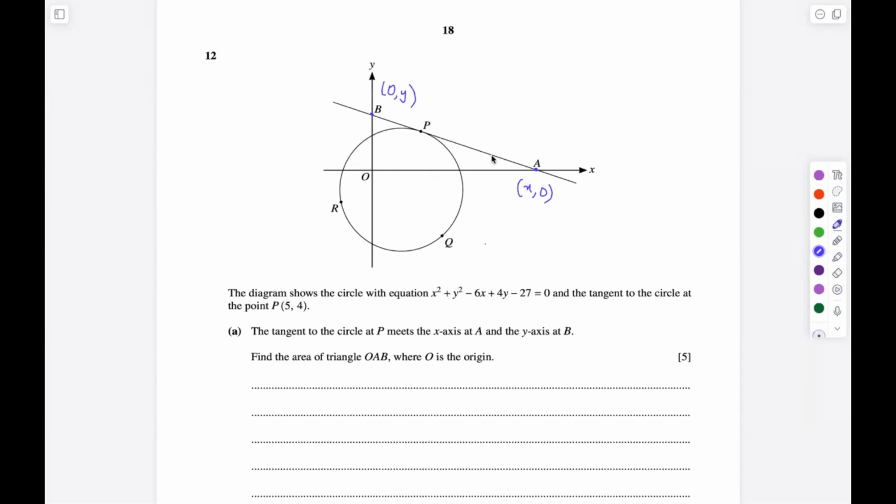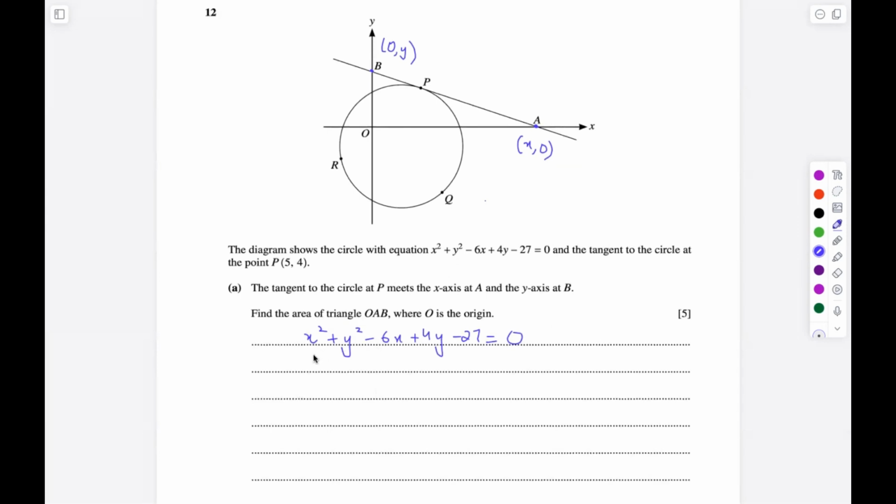For these coordinates, we need to form an equation for the tangent. Now we know the center from the equation, which is x squared plus y squared minus 6x plus 4y minus 27 equals 0. We can deduce that the center points will be (3, minus 2).